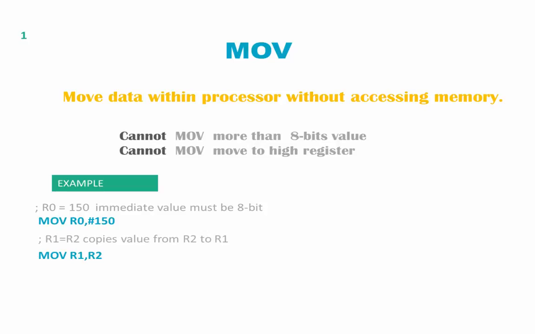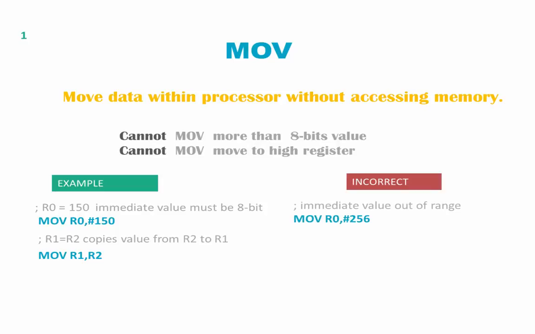Also, you can move one register into another, and what this does is that it moves the value of one register into the other and makes them equal in a sense. Move R1 R2 gives us R1 equals R2. It copies the value of R2 into R1.